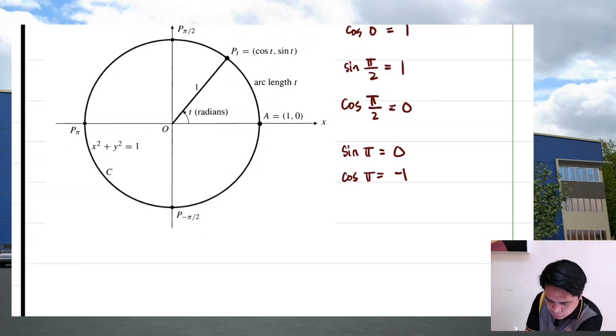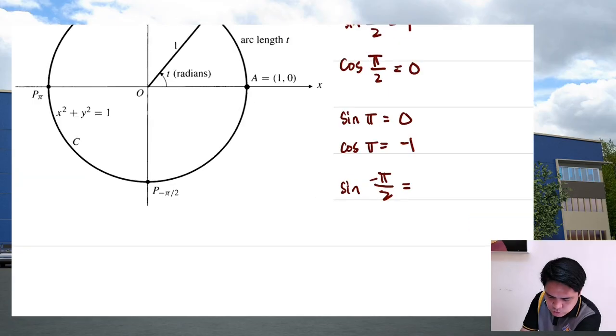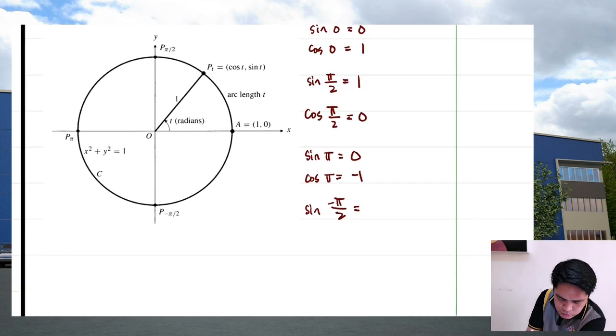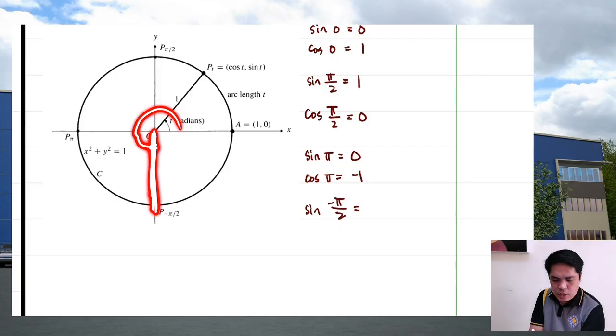So how about for sine of negative pi over 2, or 3 pi over 2? Pwede din ganun. Okay, pwede 3 pi over 2. Sige, ito na lang. Ito na yung angle natin, and ito ang line na i-describe natin. Ito yung adjacent line din.